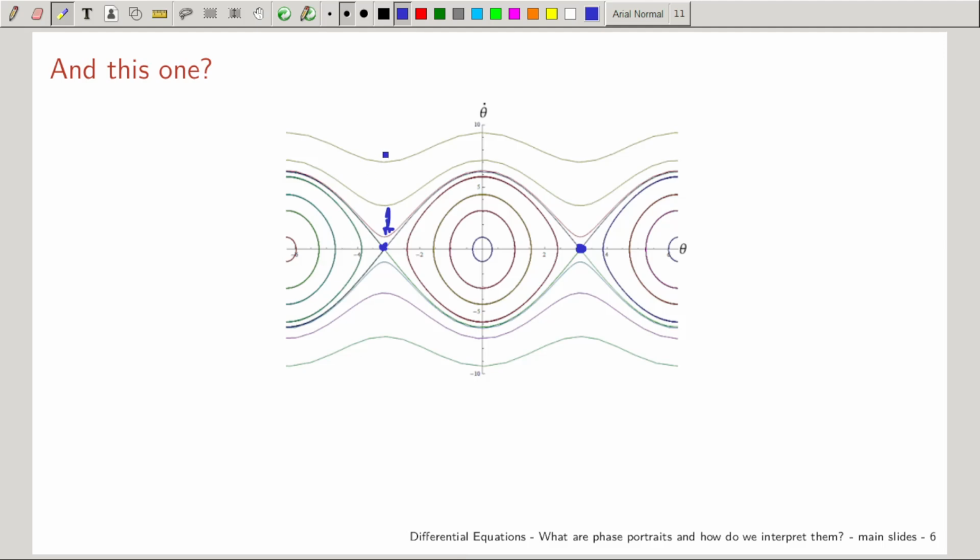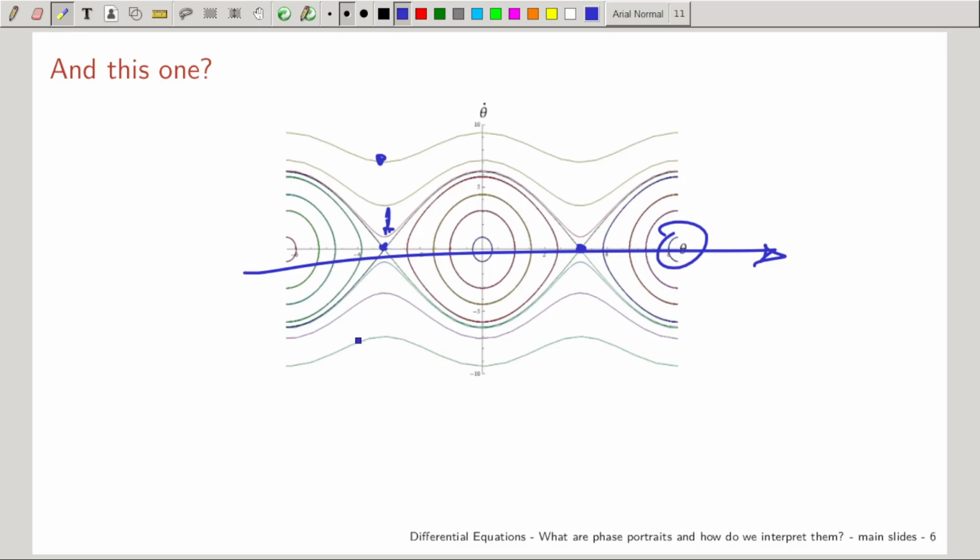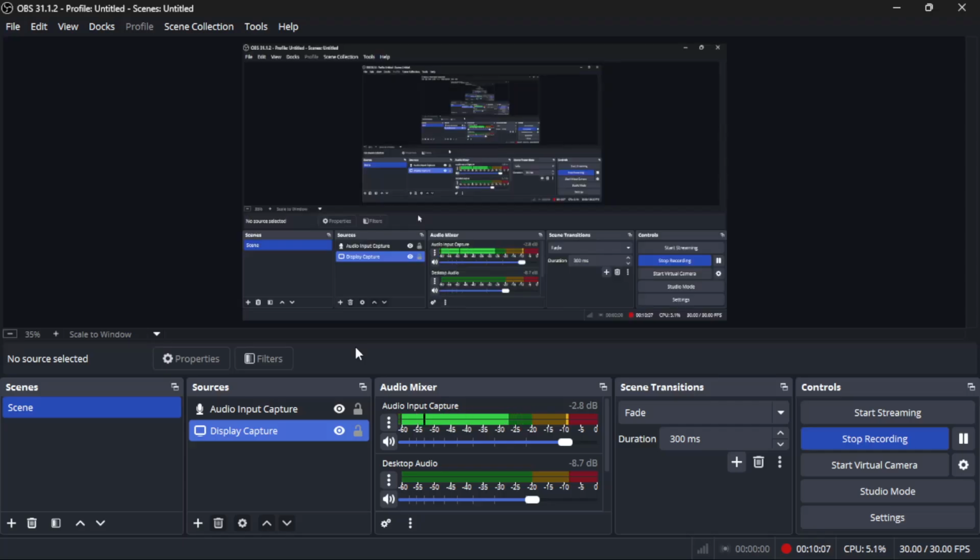And this one is going to be something that is very fast. True. Rotating very fast. And indeed, theta goes to infinity.